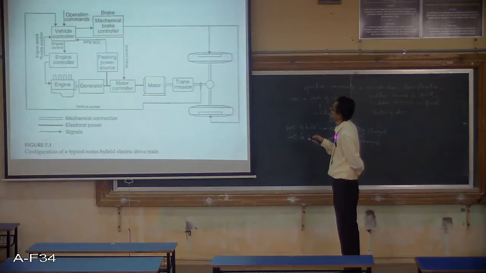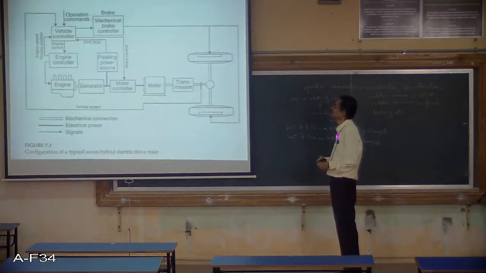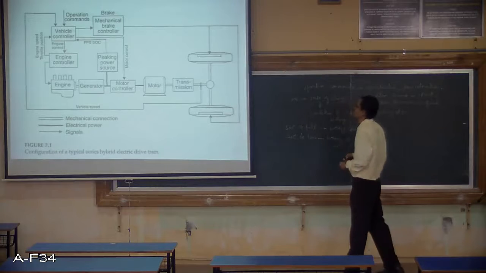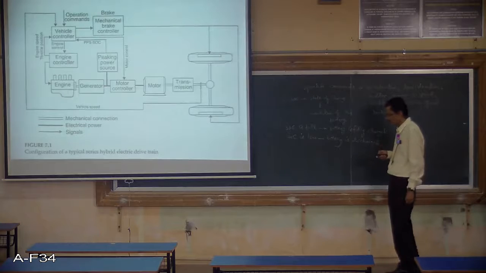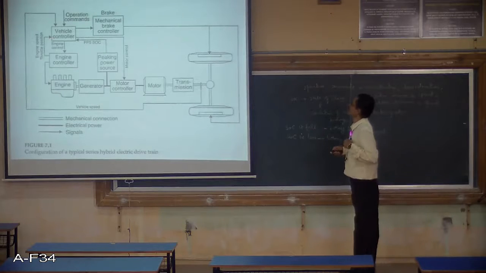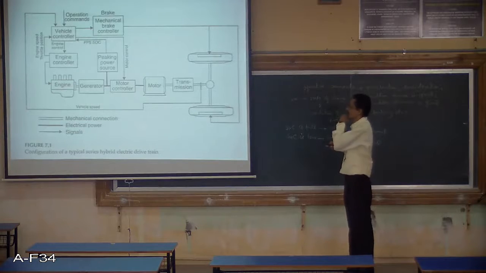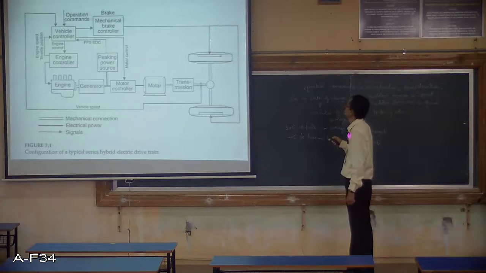So this is actually done by the operator by controlling the pedal of the brake. If you press the brake pedal, the vehicle will brake and it may stop. So this is one mechanical brake controller given to the wheels. So this is given to front wheel left side and front wheel right side.